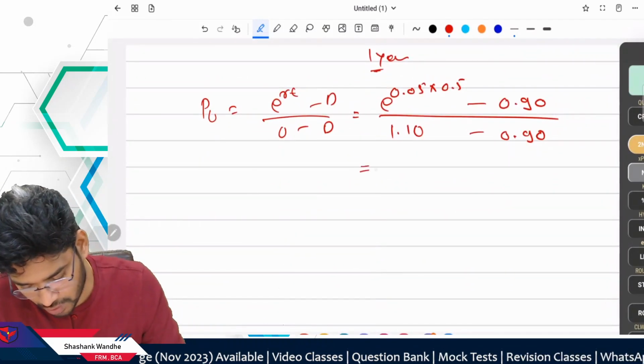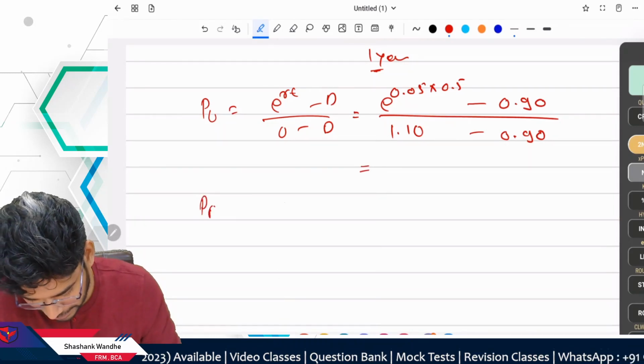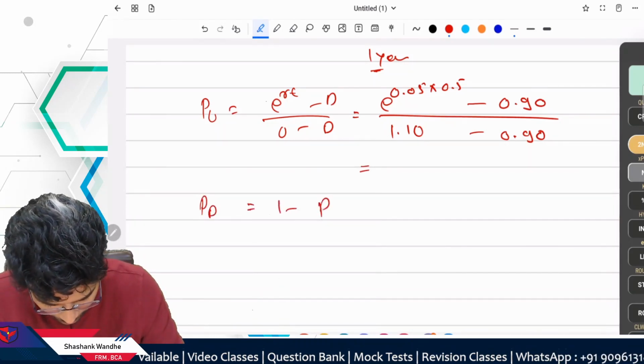Now first let's solve this. Then PD is equal to 1 minus PU.